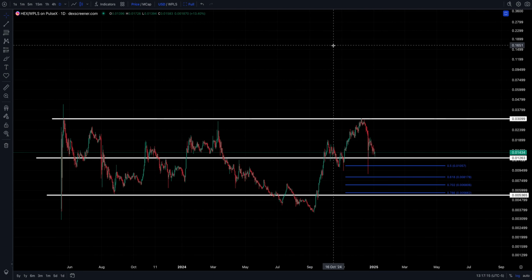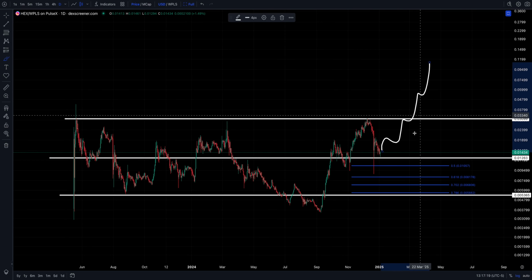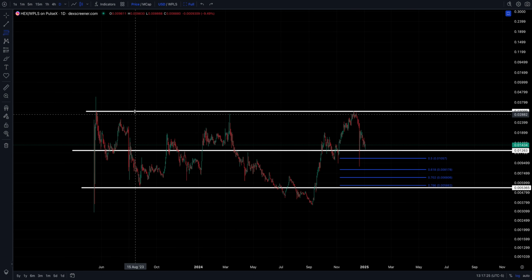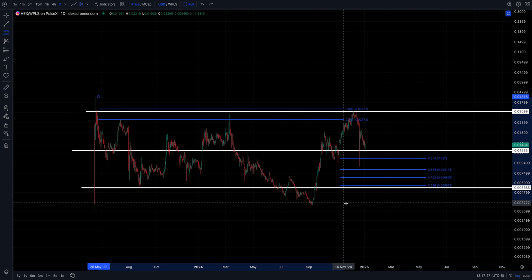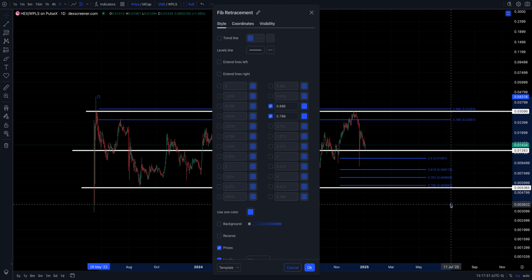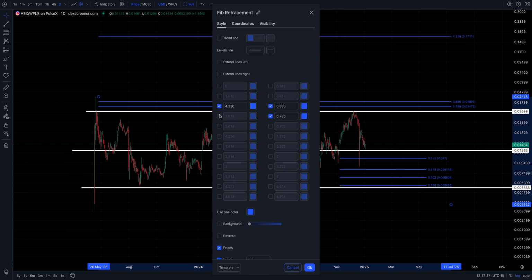So what we would want to see here going forward is just a continuous push and grind off of this median so we can have continuation. Now, to find the targets, just take a fib from the highest recorded price down to the lowest recorded price within the range, and take a look at the 1.618, 2.618, 3.618, and so forth.